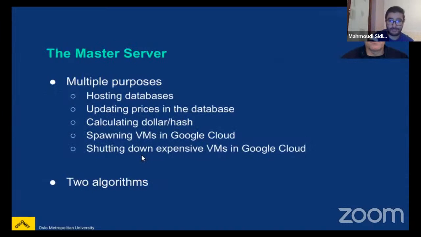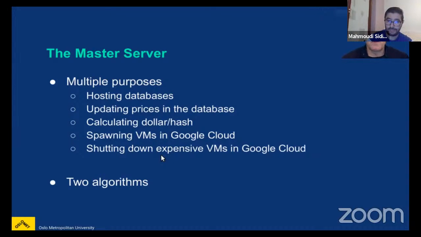The master server has several purposes. It hosts two databases. It constantly updates prices in the database, calculates the dollar per hash, and based on the current prices, it spawns VMs in Google Cloud. Part of the idea is then that it should shut down the most expensive VMs and start cheaper ones.